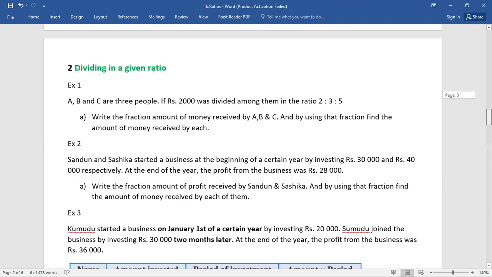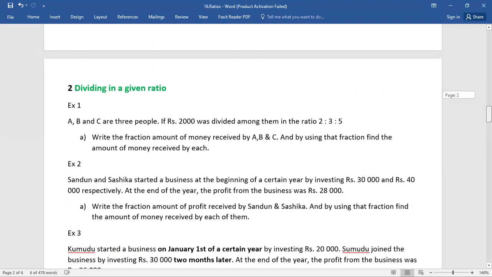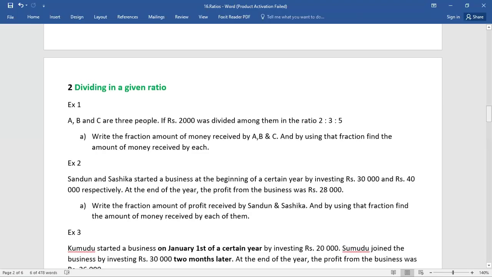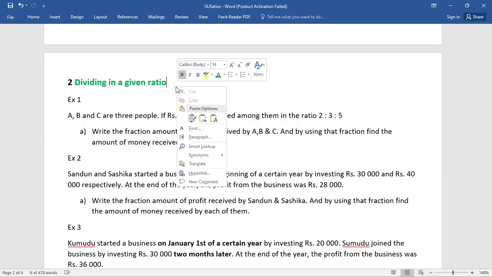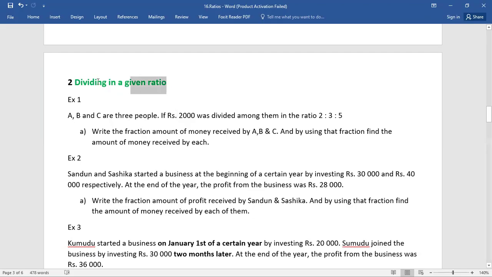Please write the next subtitle. Right, this is dividing in a given ratio.